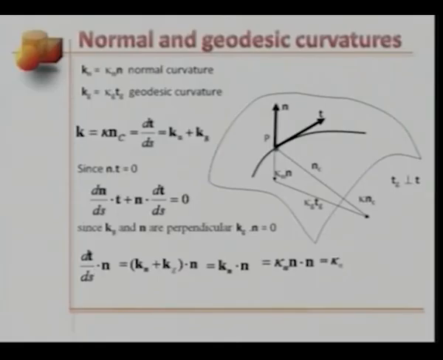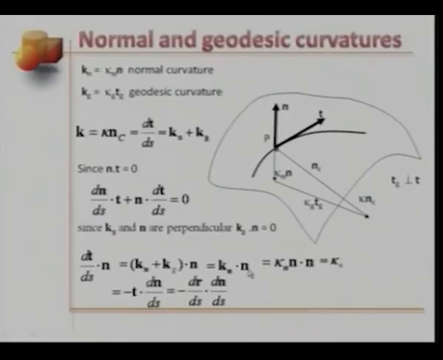Now dt over ds dotted with n is equal to minus of dn over ds dotted with t. You bring this on the right hand side, and this is equal to minus of dr over ds dotted with dn over ds, simply because the tangent t is defined as the first derivative of r with respect to s.